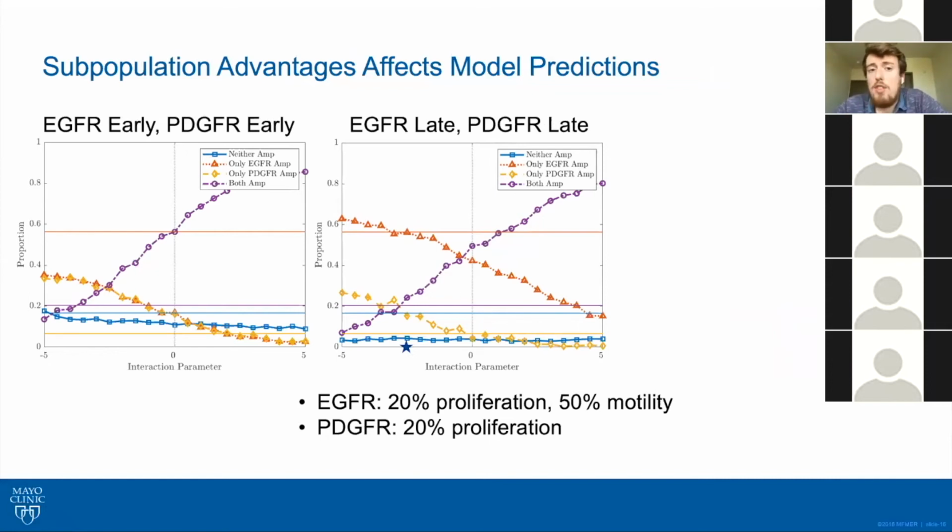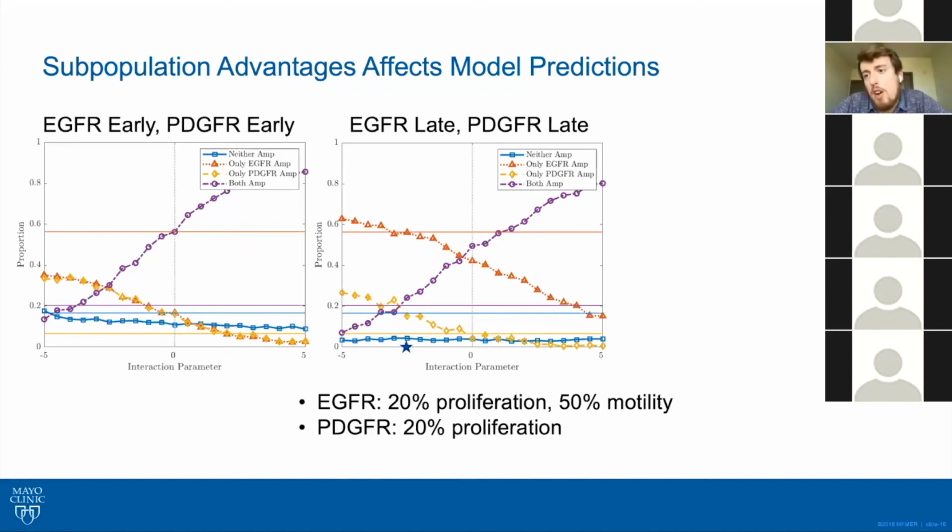Even still, if we then introduce the EGFR later and the PDGFR later, but we give them an advantage, which is pretty realistic because these subpopulations need some kind of evolutionary advantage to spread throughout the tumor themselves. So for example, here we gave EGFR a 20% proliferation advantage against that neutral population and a 50% motility advantage against that neutral population.